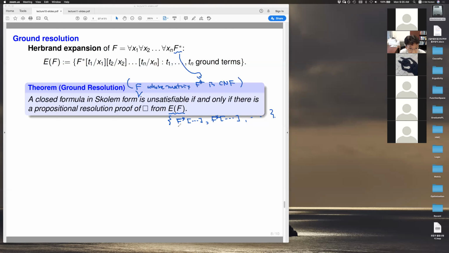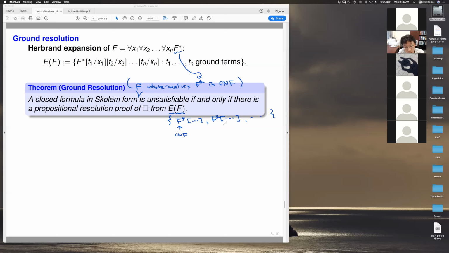And because this F star is a CNF, you can think of this entire infinite set as an infinitary conjunctive normal form formula. Okay? So then we can start to apply the propositional resolution proof to this infinitary conjunctive normal form formula, although what we have is a formula from first-order logic.